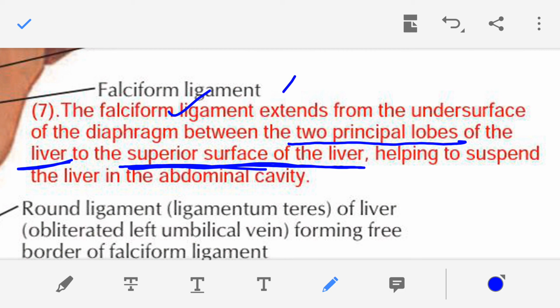Now what is the function of this falciform ligament? What role is this ligament playing? This ligament helps the liver to suspend in the abdominal cavity.